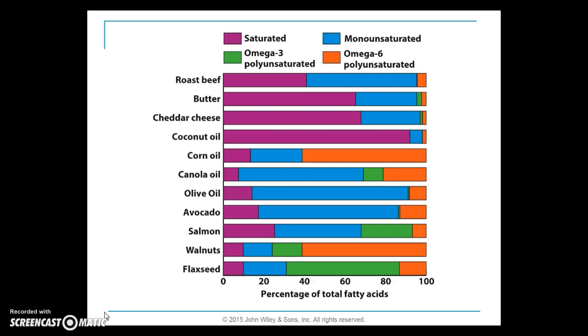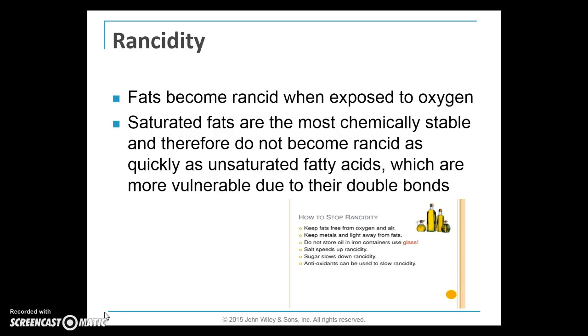Corn oil, canola, olive oil, avocado, salmon, walnuts, flax seeds, all very low in saturated fat, which is good. Olive oil is very high in monounsaturated fats. Flaxseed oil is very high in omega-3s, and walnuts are high in omega-6, and so is corn oil. So those are the ones we want to reduce a little bit, along with the saturated fat.